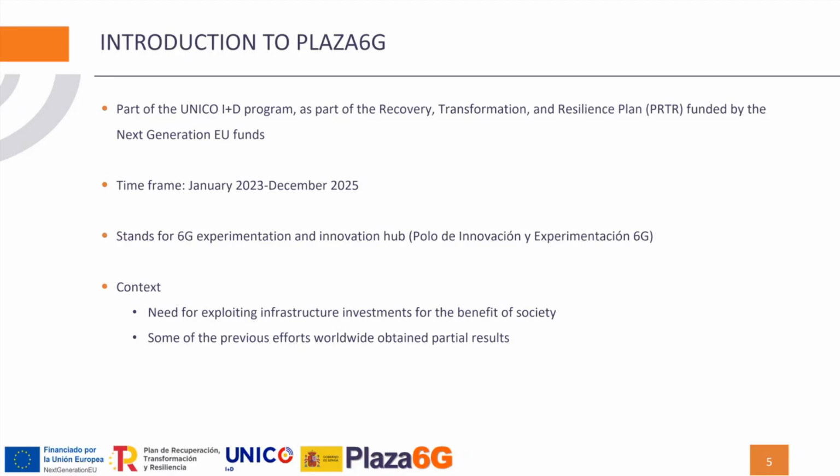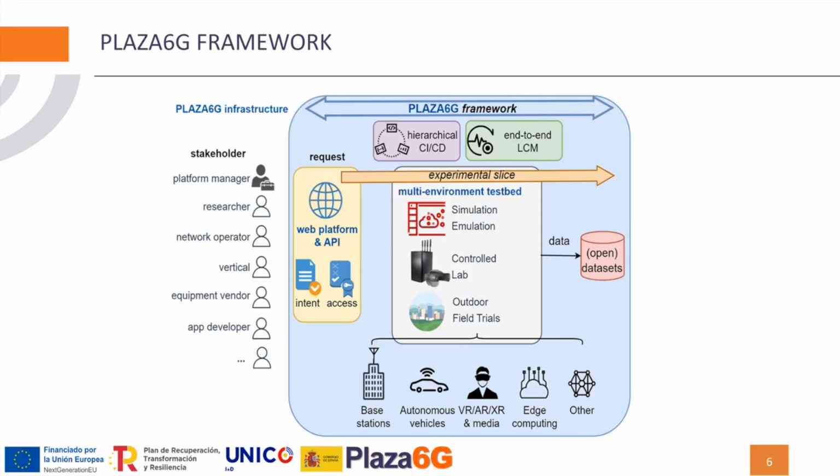So we wanted to see how far we can go in terms of improving usability and automation. Again, so that the people using the testbed can focus exactly on their core business, right? And forget about the nitty-gritty details of the configuration of the network. So that was the goal. And for that, these are the main concepts involved in the project, the high-level ones. As you see to the left, we are aiming at serving a broad stakeholder ecosystem.